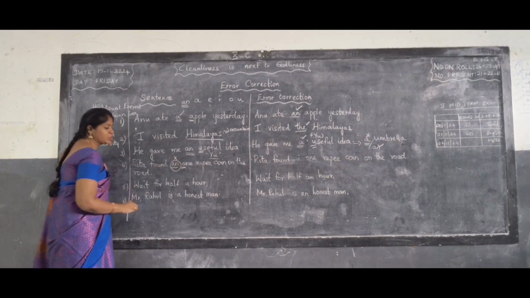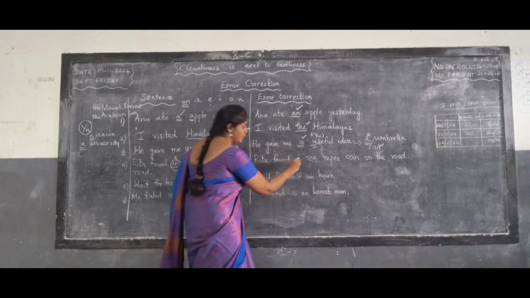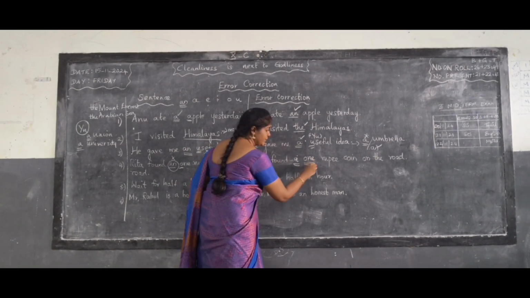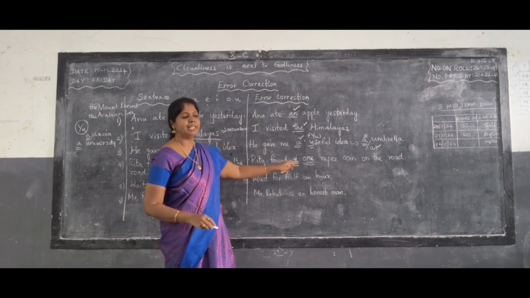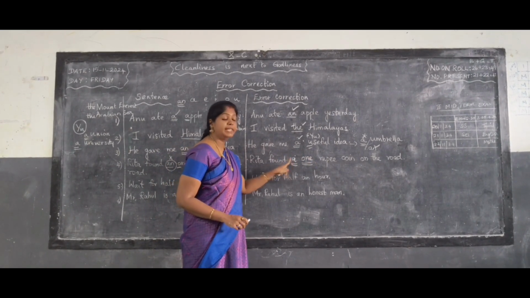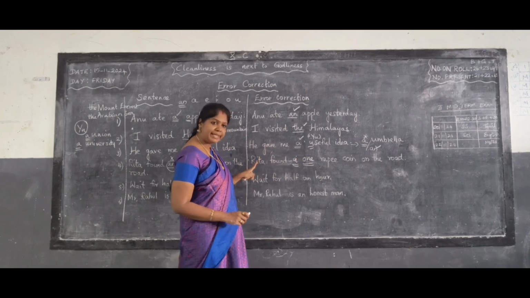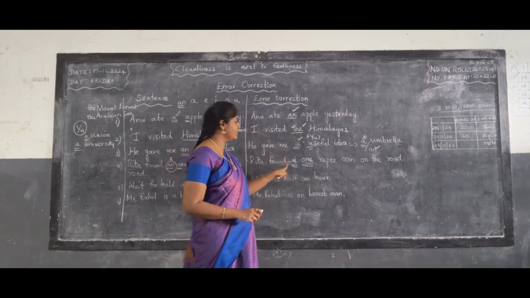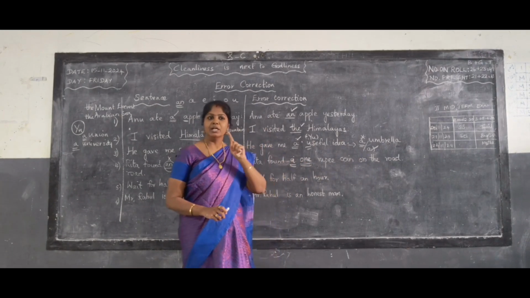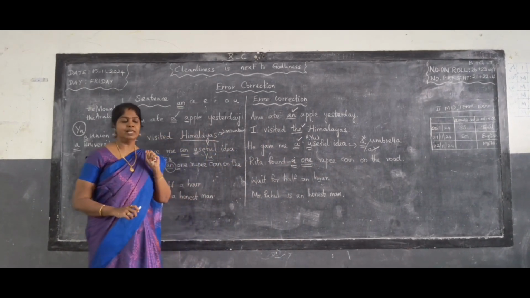We are not supposed to add an. We are supposed to add a before one. So please have in mind, when the word one comes, with the O sound, you have to add a before the word. So the right sentence is: Rita found a 1 rupee coin on the road.